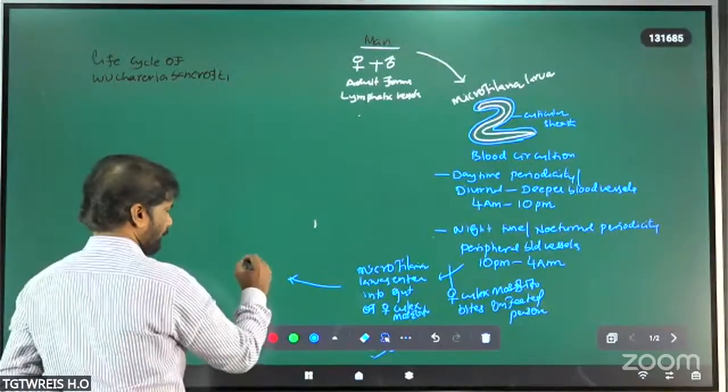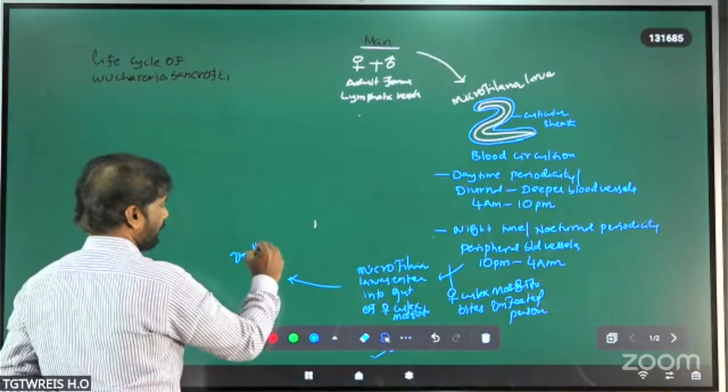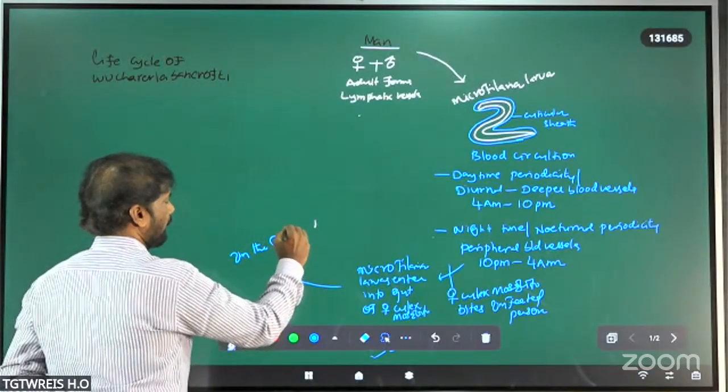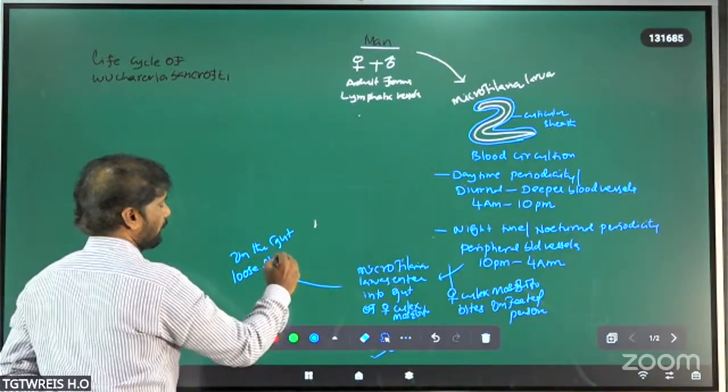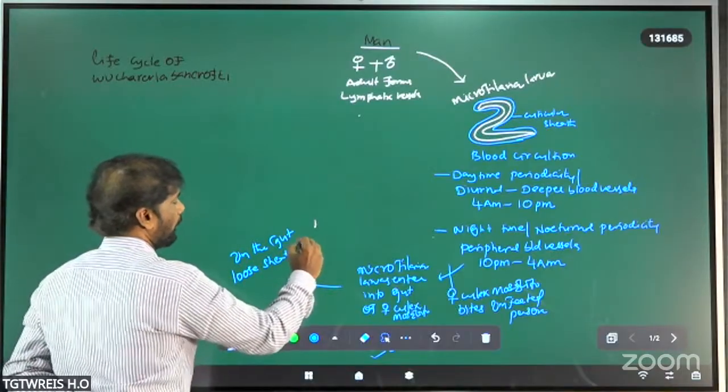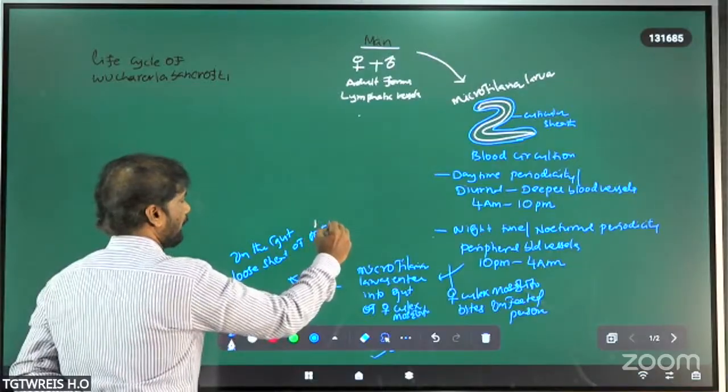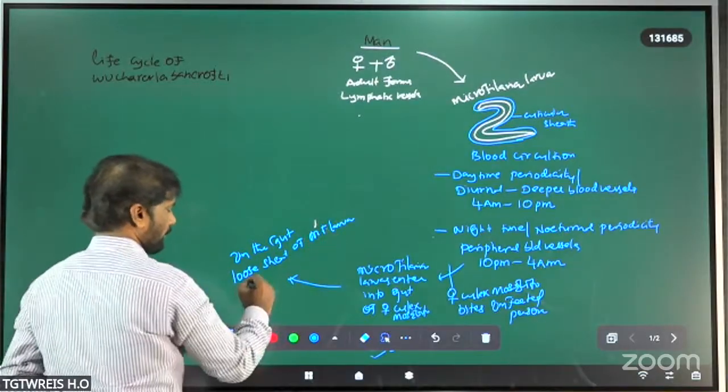Here in the gut, the loose sheath of the microfilaria larva dissolves.